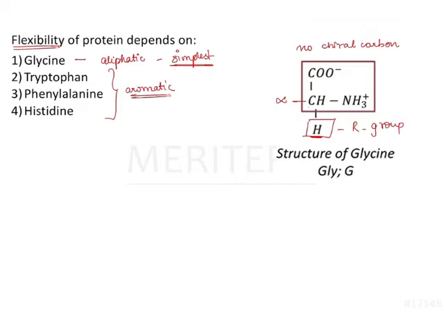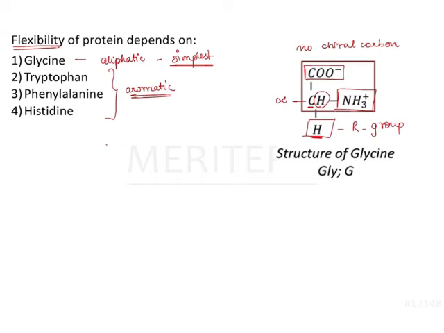So here in the structure of glycine, you can see to the alpha carbon, 1 carboxyl group is attached, 1 amino group is attached and 1 hydrogen is attached, whereas the side chain R is also a hydrogen. Therefore, instead of a carbon side chain which is usually seen in any other amino acid, here in glycine you can find a hydrogen side chain, and since there are 2 hydrogens bonded to the alpha carbon, it lacks the property of chirality.